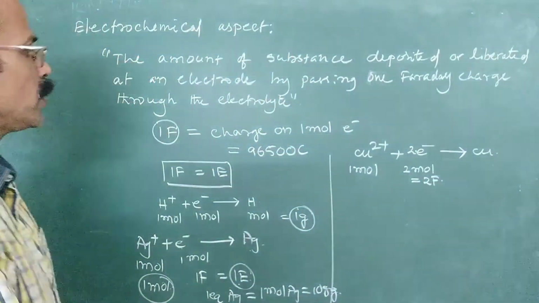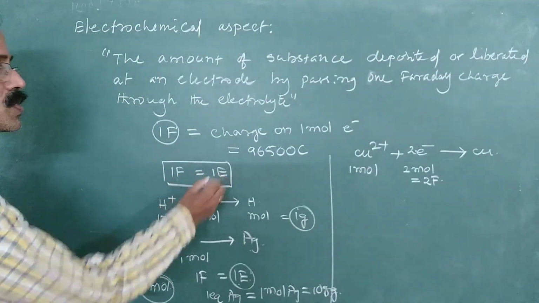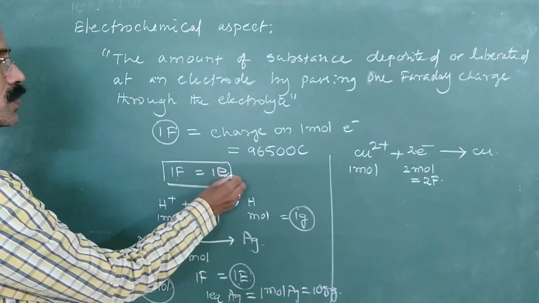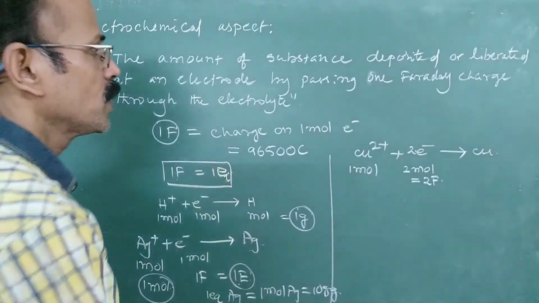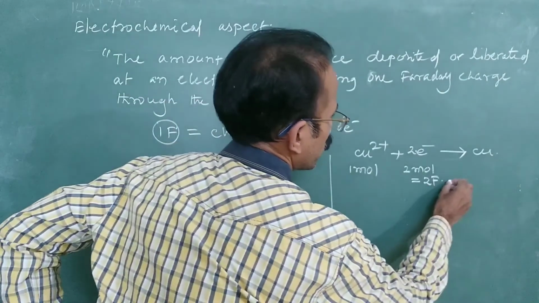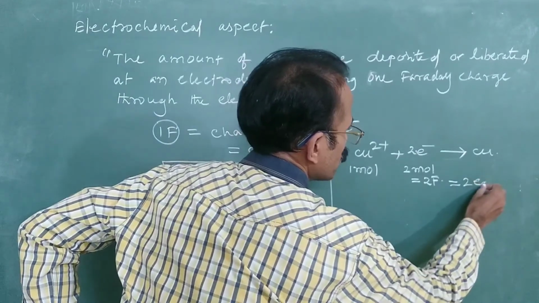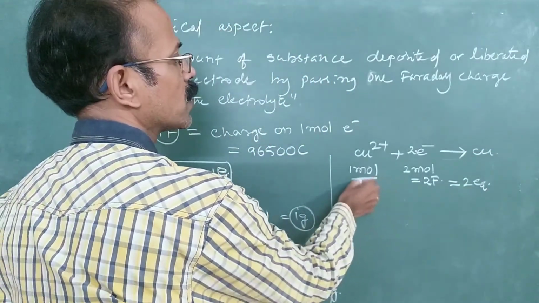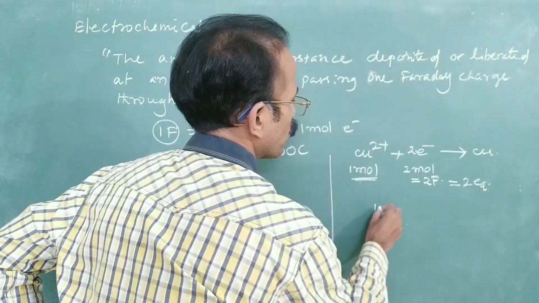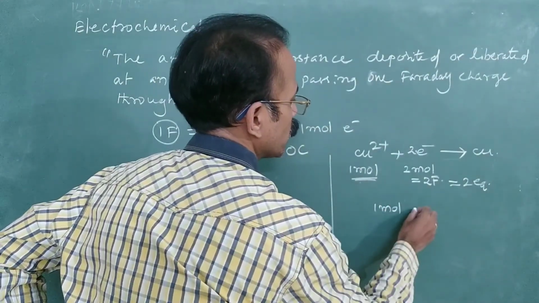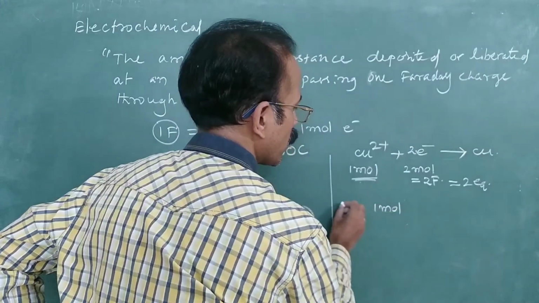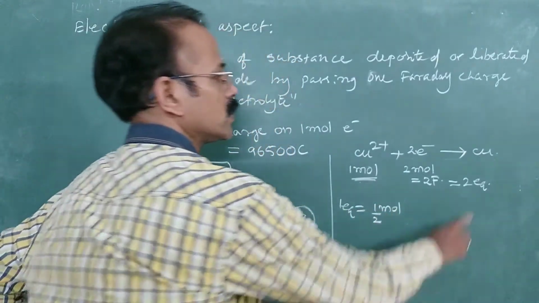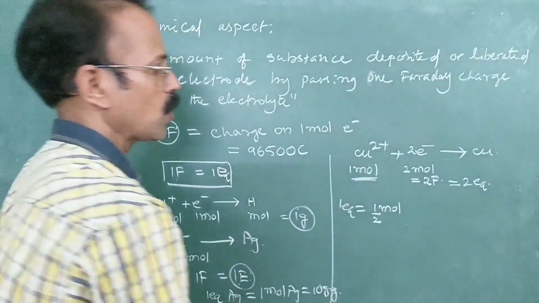So we know 1 Faraday of charge deposits 1 equivalent. So 2 Faraday now deposits 2 equivalents, right? On the left-hand side, 1 mole of copper is there. Now 1 mole of copper is equal to 2 equivalents, or 1 equivalent is equal to half a mole.